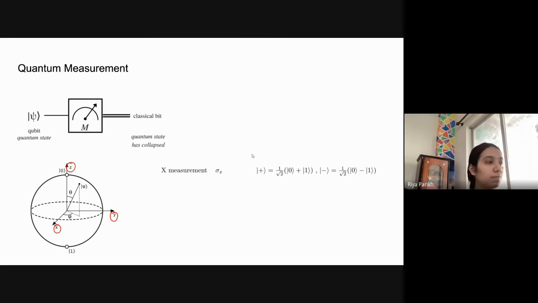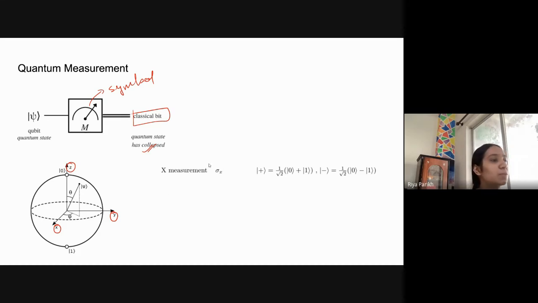This is the symbol for measurement. And when a qubit is being measured, it is decomposed into a classical bit, and the quantum state collapses. So if a qubit is in a superposition, when you try to measure it, the superposition will be destroyed.